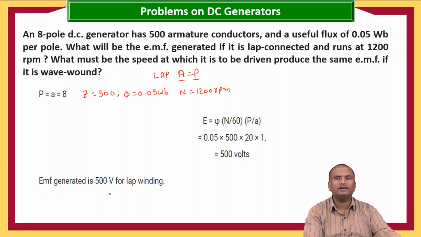The EMF generated with the lap winding is 500 volts.